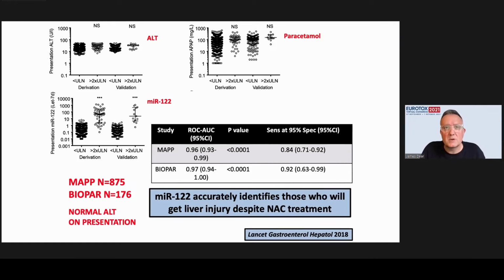Interestingly, paracetamol was also not different across groups. However, MIR122 at presentation was significantly elevated in those people who went on to get an ALT rise. And if we look at that with a ROC curve analysis, so a measurement of sensitivity and specificity, we see a very high performance. The area under the ROC curve in both the groups was 0.96 and 0.97 in the 2 different cohorts. So highly accurate for identifying those people who are going to get liver injury despite current best treatment.